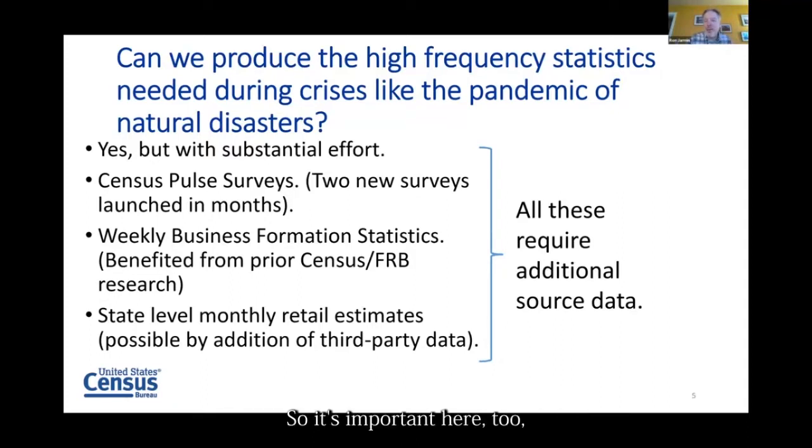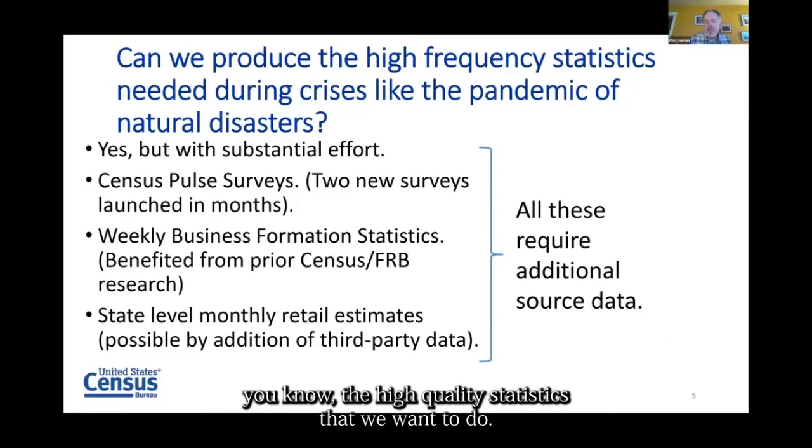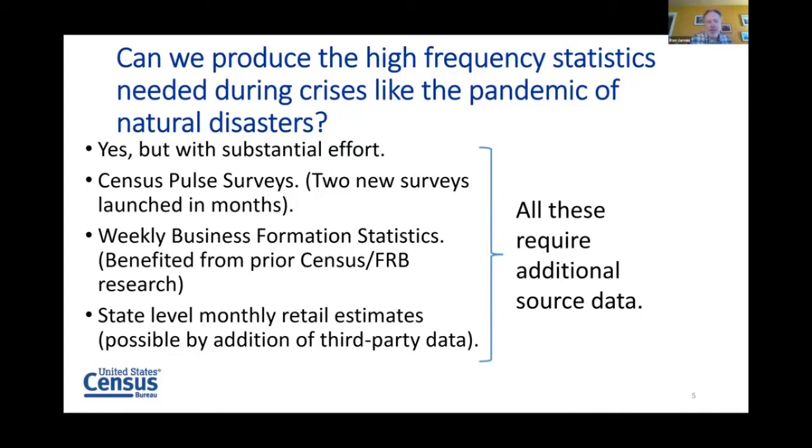So it's important here to realize all these things required additional source data. And so what we really need to be able to do is to engineer ways to get source data into the agencies quickly, assess it, and then produce the high quality statistics that we want to do.